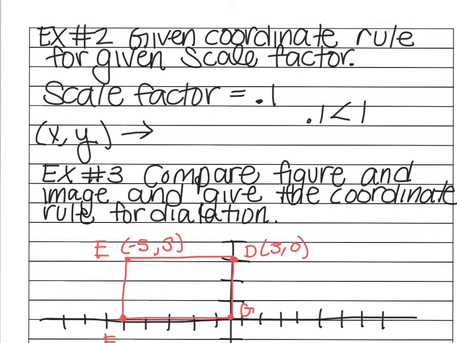Example number 2, this should actually say give. I'm going to cross that off, because unfortunately I can't erase on this screen once I write it. So, give the coordinate rule for a given scale factor. Here it's giving me a scale factor of 0.1. I know that 0.1 is less than 1, so this is going to be a reduction.